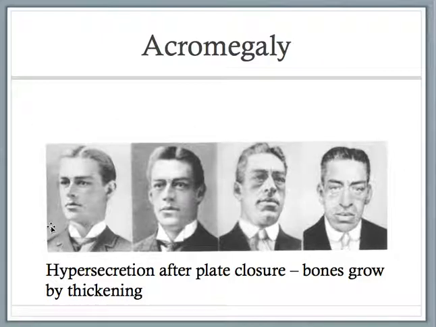Again, almost 90% of the time this is caused by a benign growth in the anterior pituitary associated with growth hormone production. Once that growth is removed, then the problem is resolved. However, you guys also know that bone changes are not something that are very readily reversible. So this is something that is a lasting type of change.